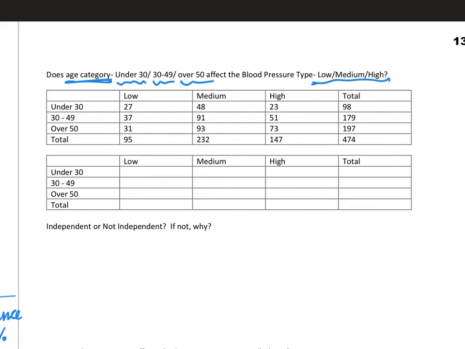All right, so the question is, what seems to be the explanatory variable in this problem? Is the age explaining the type of blood pressure, or is the type of blood pressure explaining your age? And so I think you can understand that age is the explanatory variable here. That is the one that is driving this force.